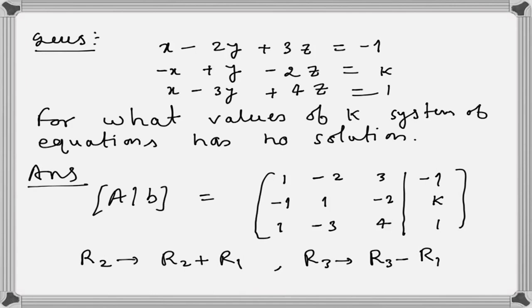So what do we get? So this is our reduced system. The first row there is no change, 1 minus 2 3 minus 1, and then 0 minus 1, then 1 minus 3 is minus 2, and k minus 1.